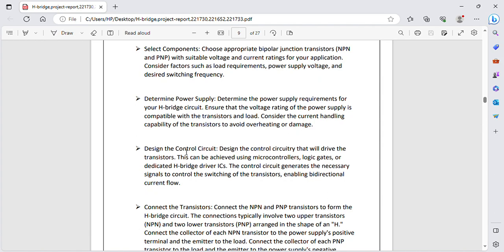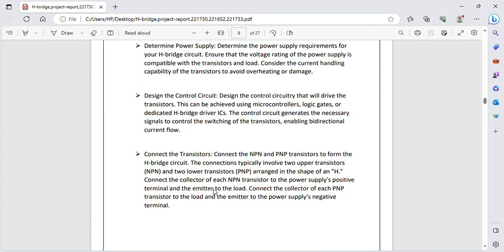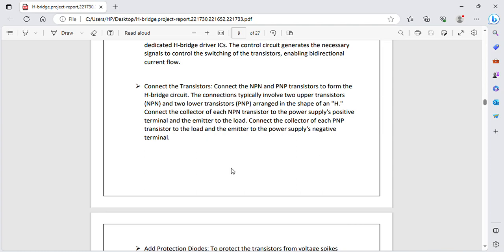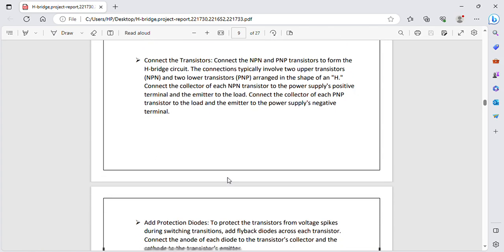Then design the control circuit, a control circuit in which some isolation, some safety and some switches are connected. Then connect the transistors in such a way that they act like switches and are able to move the motor in both directions.